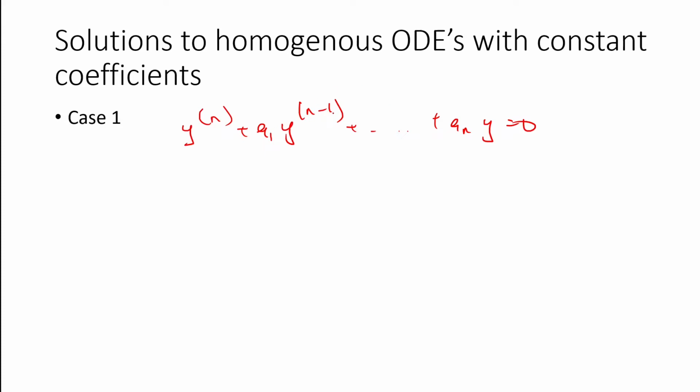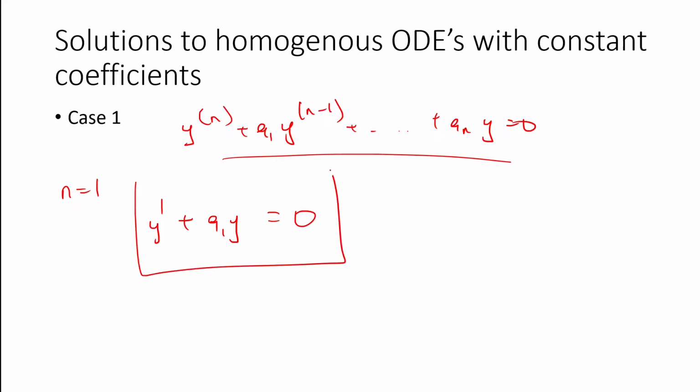So let's look at a special case. Let's take n equal to 1. You get y prime plus a1 y, since the 0th derivative is just y, equal to 0.